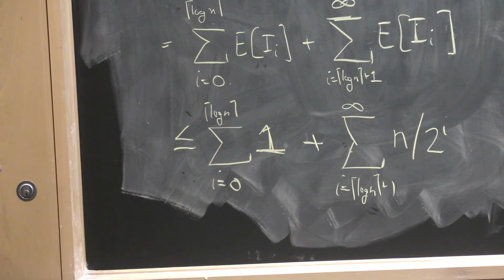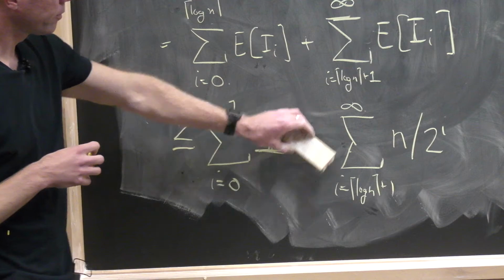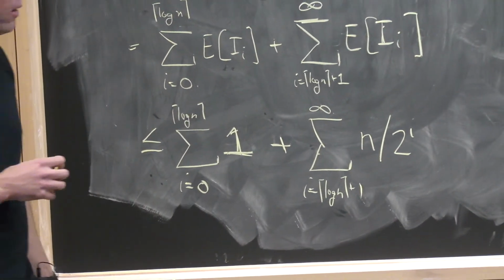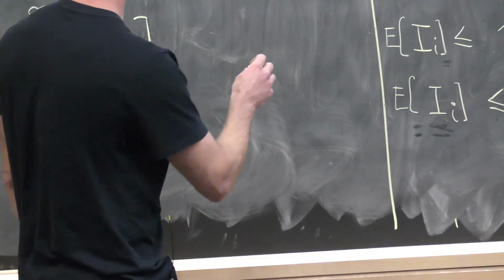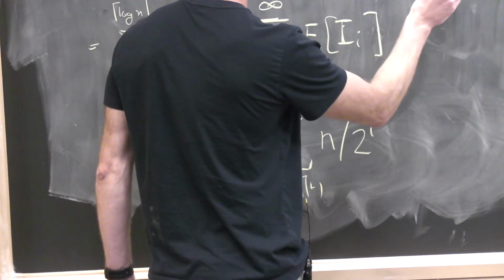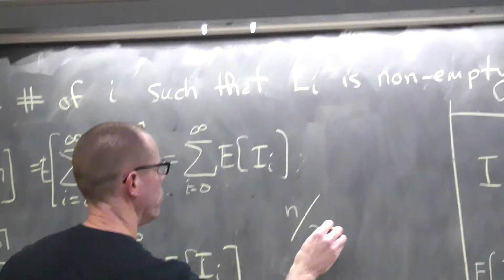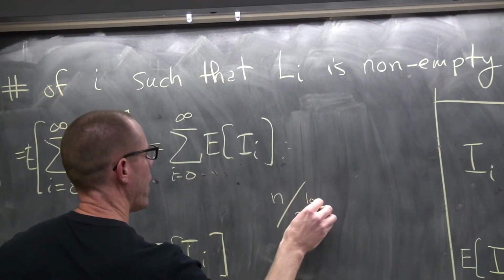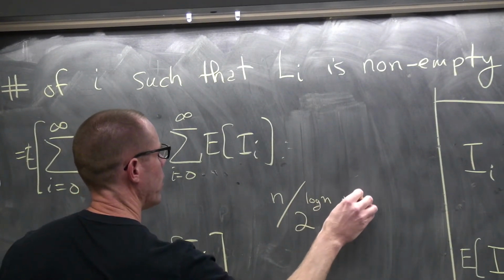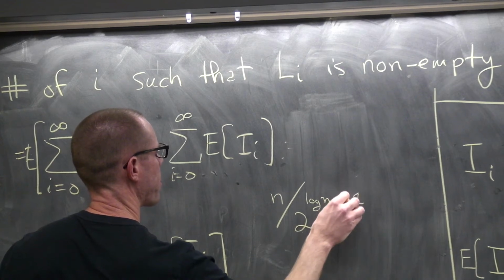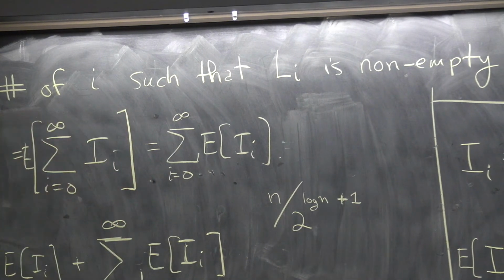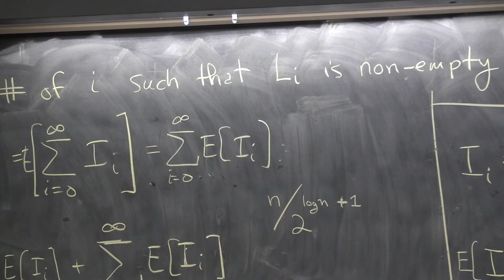Okay. So we have this sum here, and let's look at it closely. This is basically a sum that starts at n over 2 to the log n plus 1. So what's 2 to the log n? n.